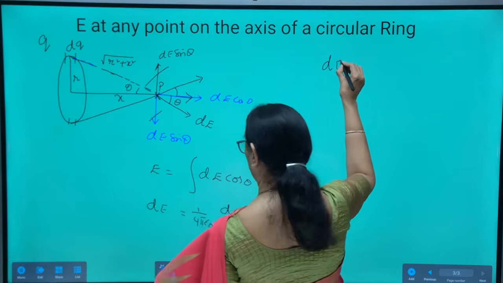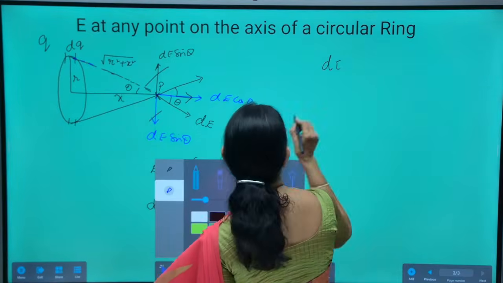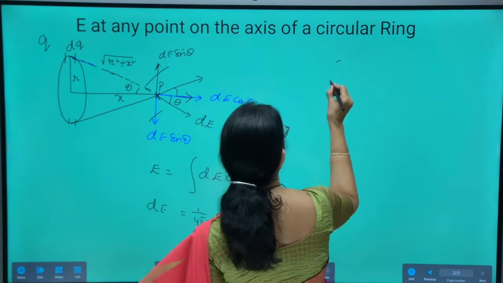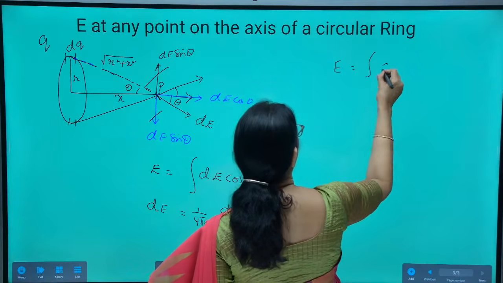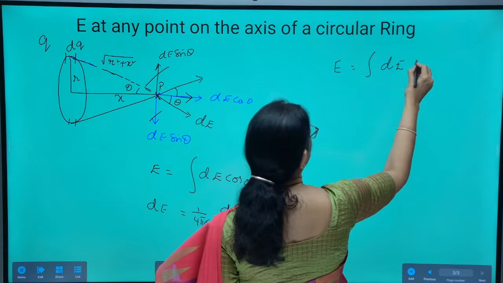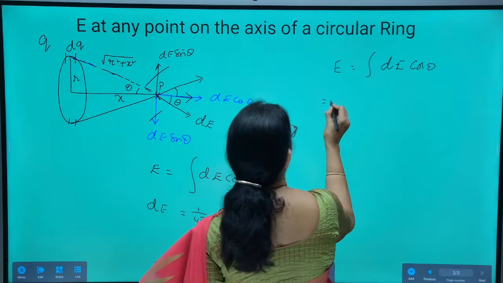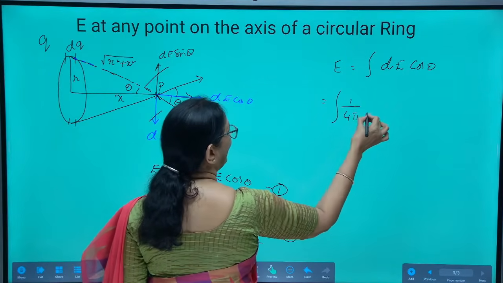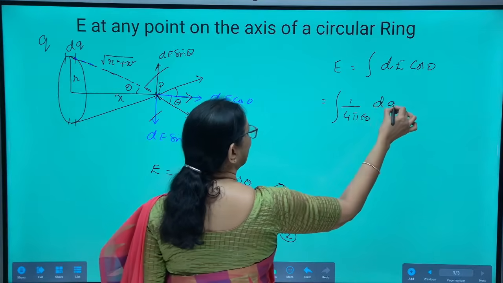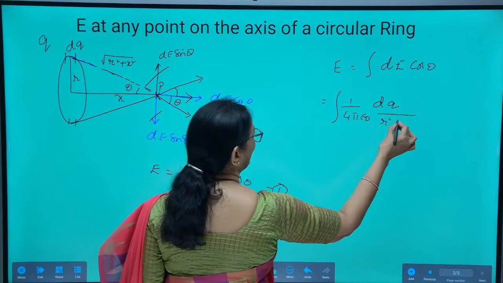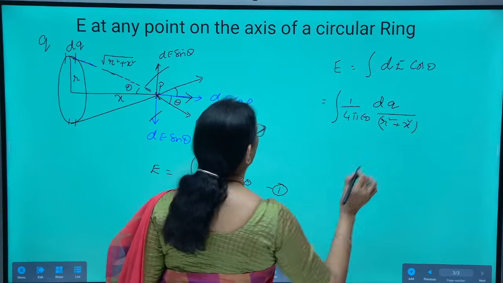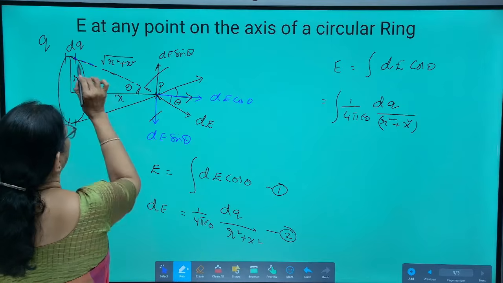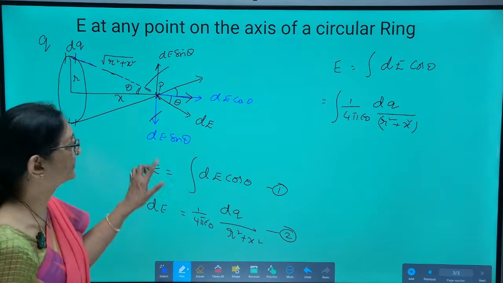E is equal to integral dE cos theta. So, integral dE is 1 by 4 pi epsilon naught dq by r square plus x square, cos theta. From this diagram, cos theta is adjacent side by hypotenuse.